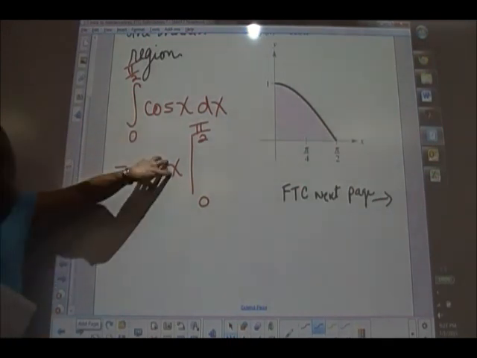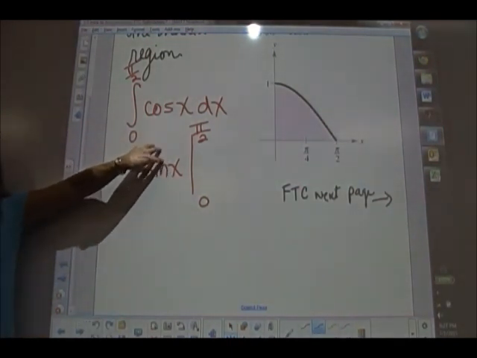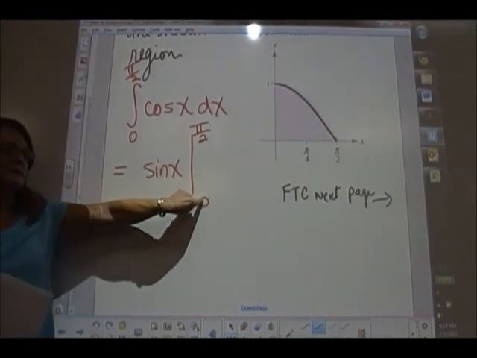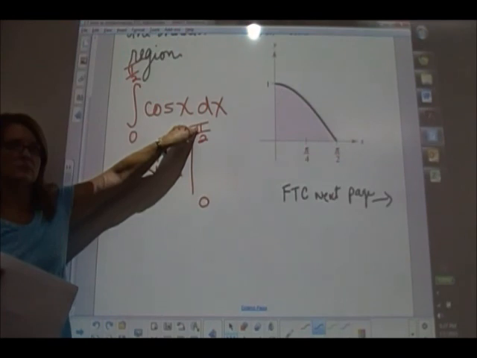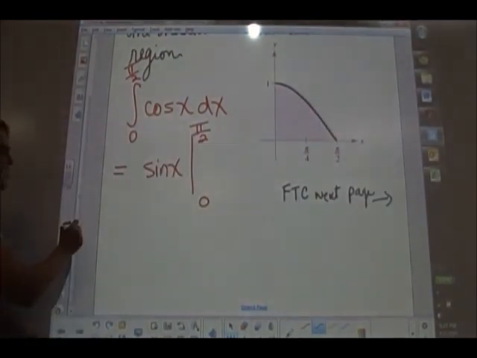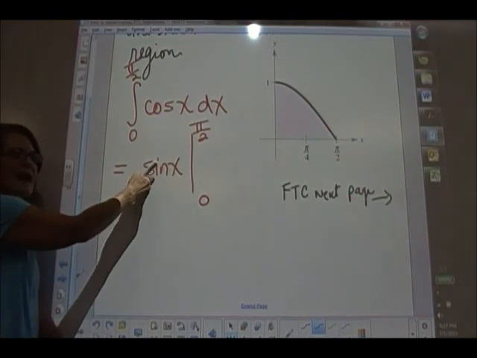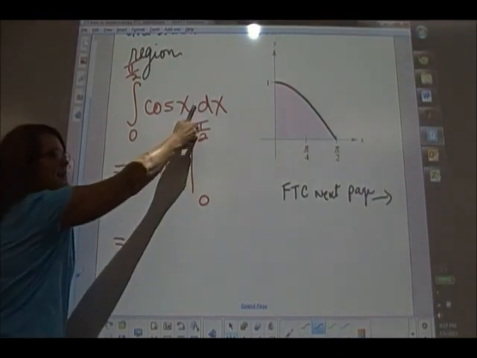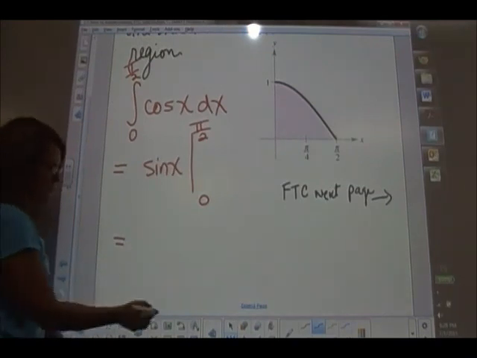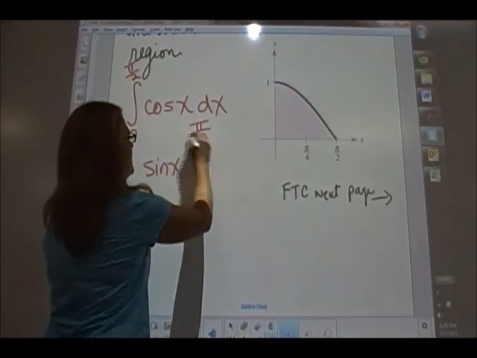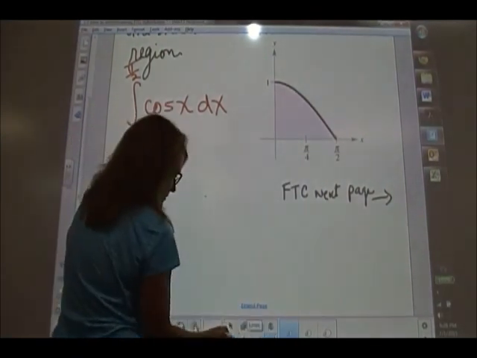So I've got the antiderivative, big F. Here's big F right here. Little a, little b. The fundamental theorem of calculus states that I need to evaluate the sine of x at pi over 2. Wait a minute, I told you I was going to put the C in there. Let me put the C, just so you're going to see what I'm talking about.